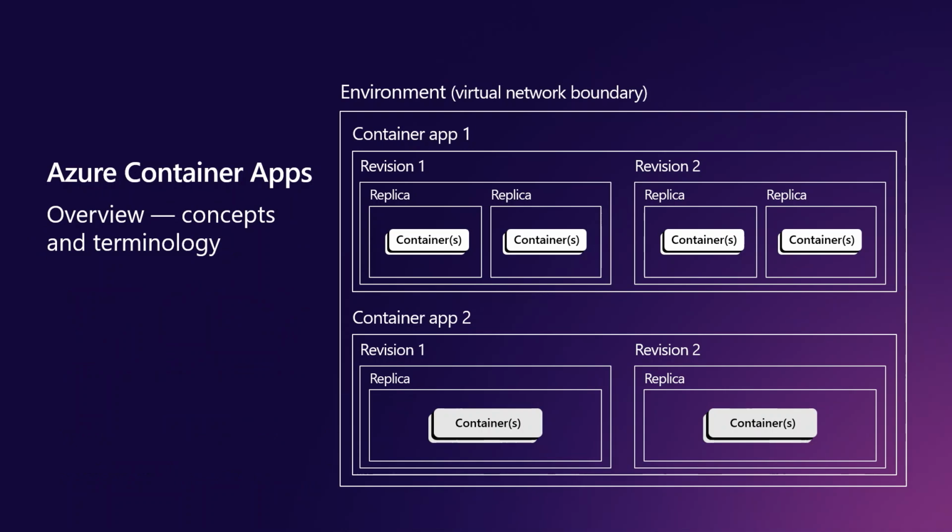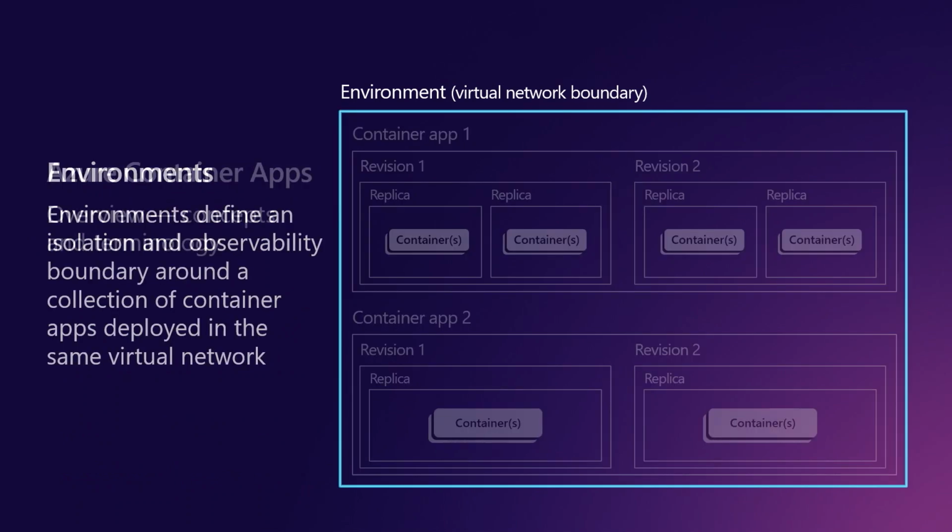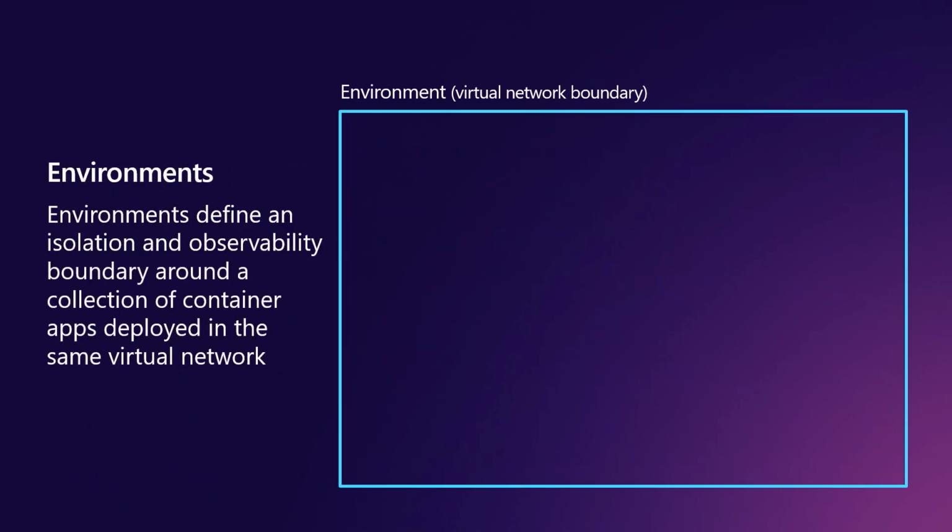So before we dive into demos, I want to give you a quick overview of some of the concepts within container apps. As you can see in this diagram, it's a little bit daunting, but we're going to break this down. It's actually not that difficult to understand, hopefully. All container apps live in a container apps environment. An environment is basically an isolation boundary.